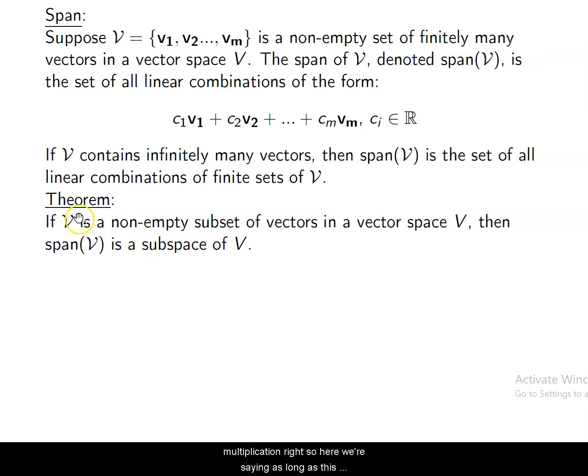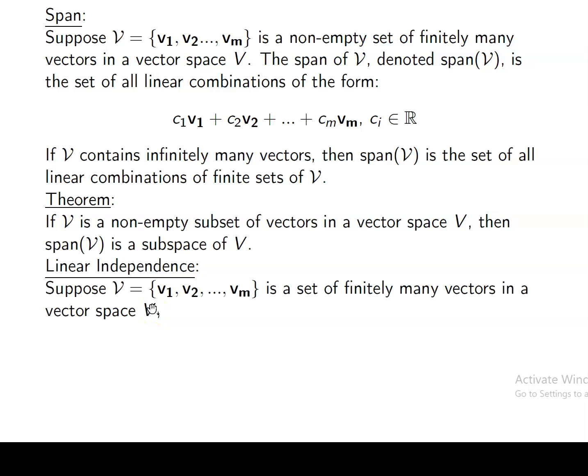Here we're saying as long as this set of vectors has something in it, then the span of these vectors is a subspace. So if there are only 3 vectors here, those 3 don't make a subspace, but the span of those 3 vectors would make a subspace.